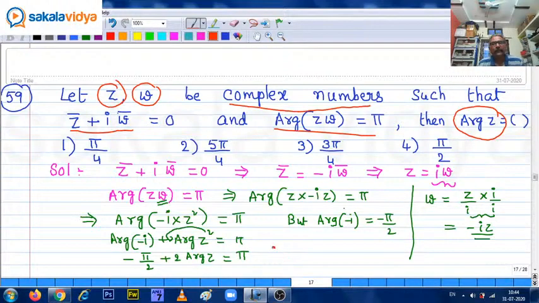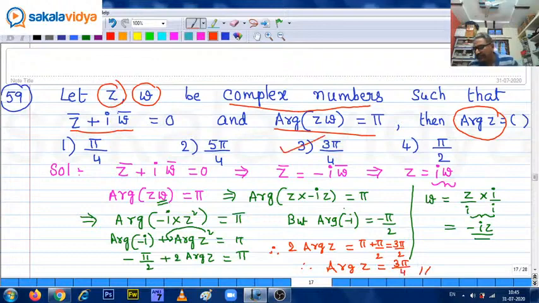Okay, therefore 2 arg z is equal to pi plus pi by 2. This is 3 pi by 2. Therefore arg z is equal to 3 pi by 2 by 2, which is 3 pi by 4. So the third option is the right option. All of you check your solutions now.